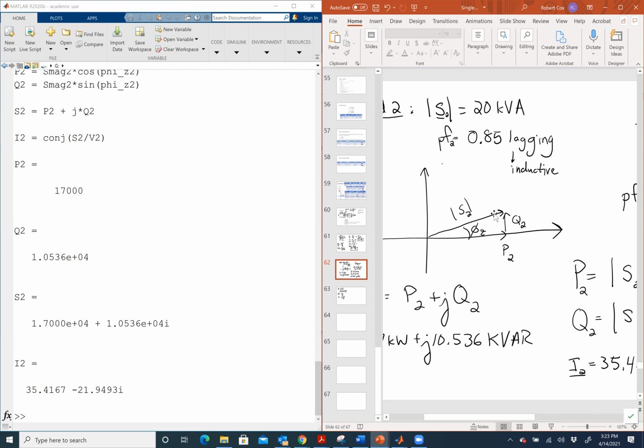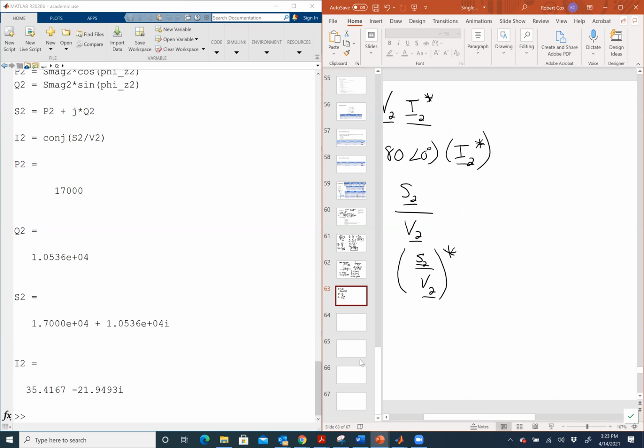I know VRMS and I know the magnitude of S2. Then I would have had to find the angle separately, but that would work too. So what he's saying is, we knew that the magnitude of S was 20 kVA, and we knew that was equal to VRMS times IRMS, right?